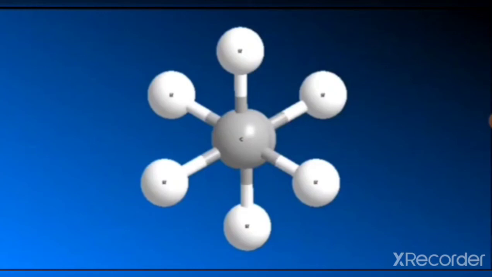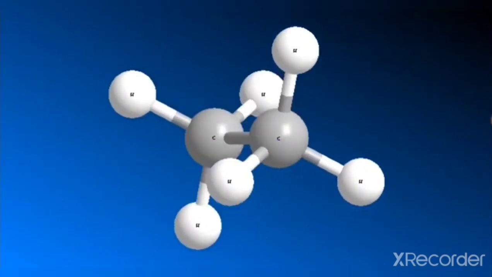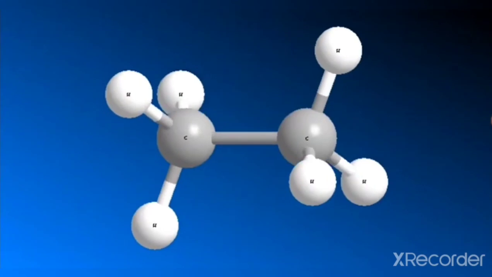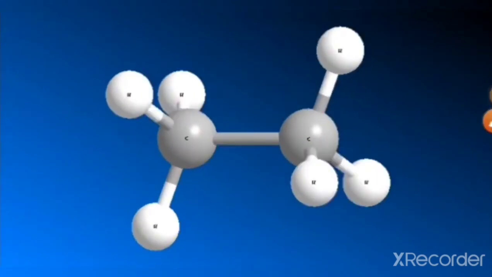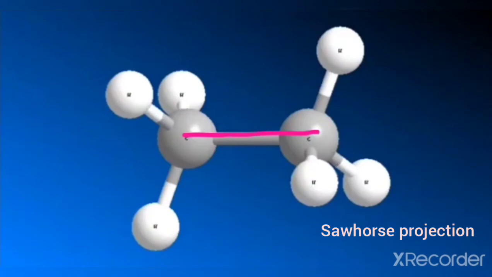When the molecule is viewed at the CC bond head-on, this type of projection is called Newman projection. In this animation, we can view the molecular axis. This molecule can be viewed along the molecular axis, which is called Sawhorse projection.